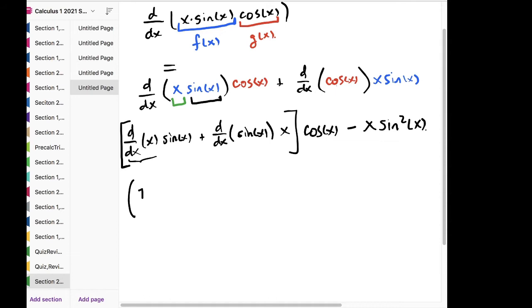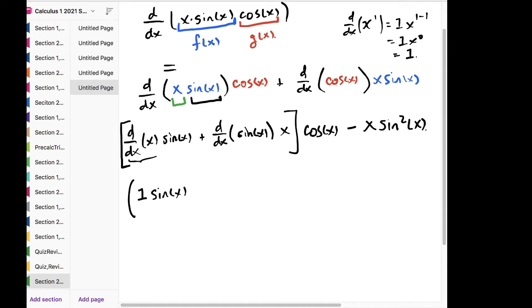It's a line, so the derivative of a line is always its slope. And also you can think of it as the power rule. But I like to think of it as a line because that reminds you what the derivative is.